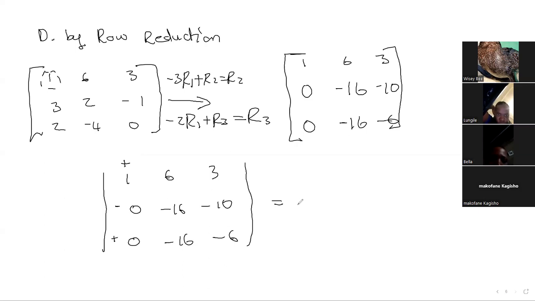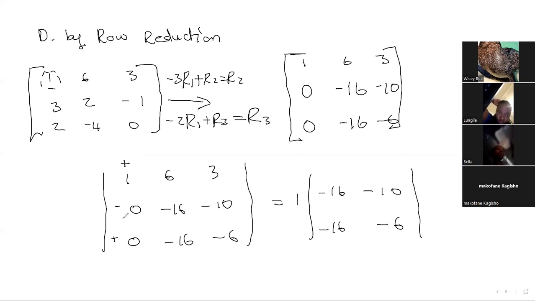So it's going to be 1, then you cancel this, minus 16, minus 10, minus 16, minus 6. And then these other ones would be zeros because of these zeros. And then you can just multiply these ones. Minus 16.